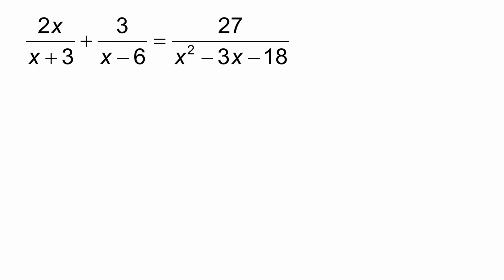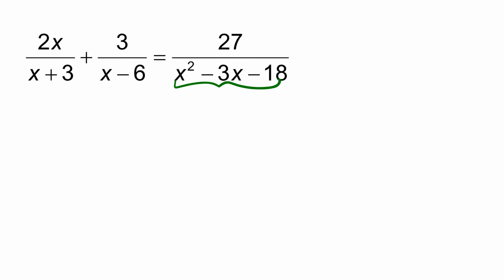So let's talk about the restrictions. Can I rewrite this? What are these factors? What are the 2 factors? X minus 6 and x plus 3. Wonderful. If I'm looking at all 3 of my denominators, what is the least common denominator?